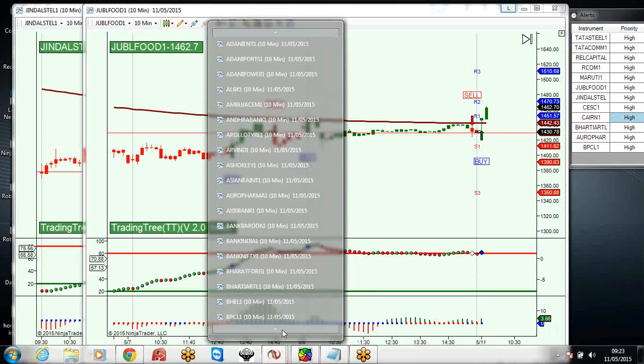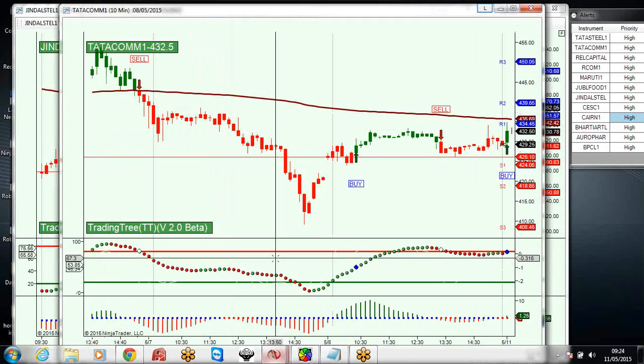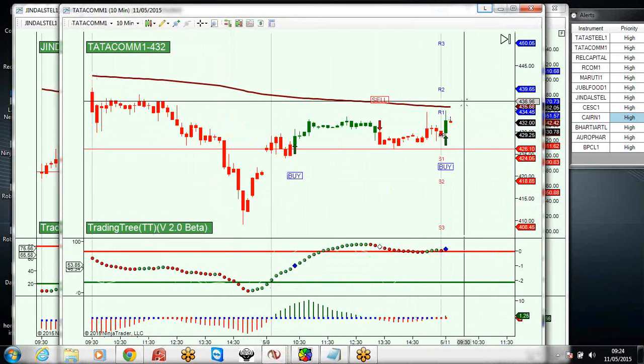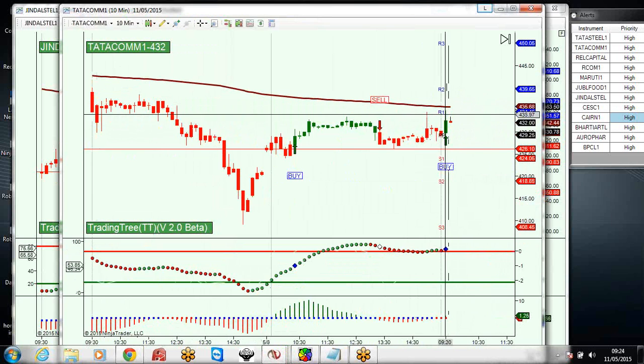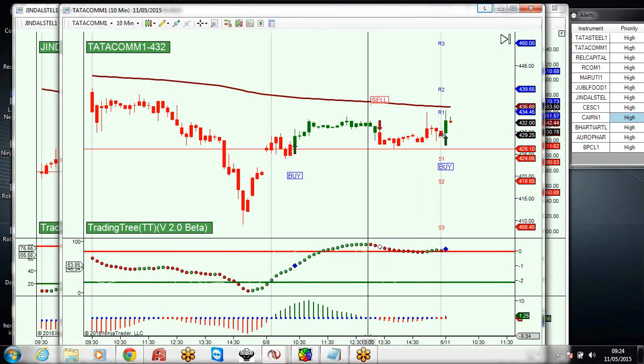We have again Tata Steel, Tata Com. So again the same thing for Tata Com. We can buy above this brown line, 435 or 436.